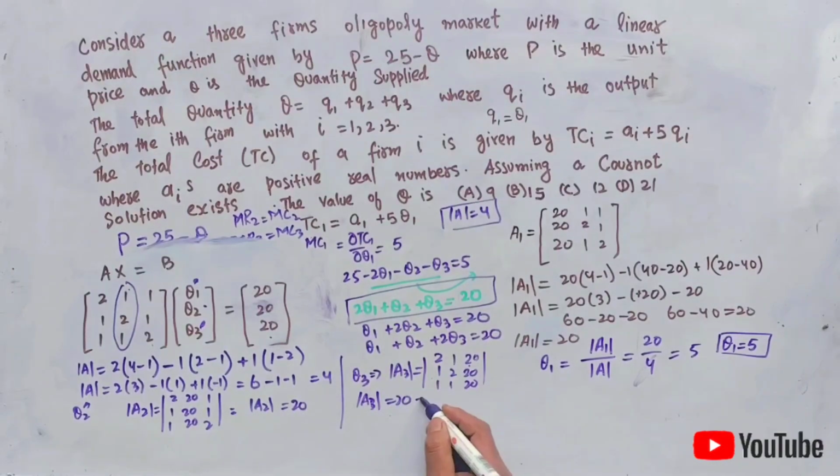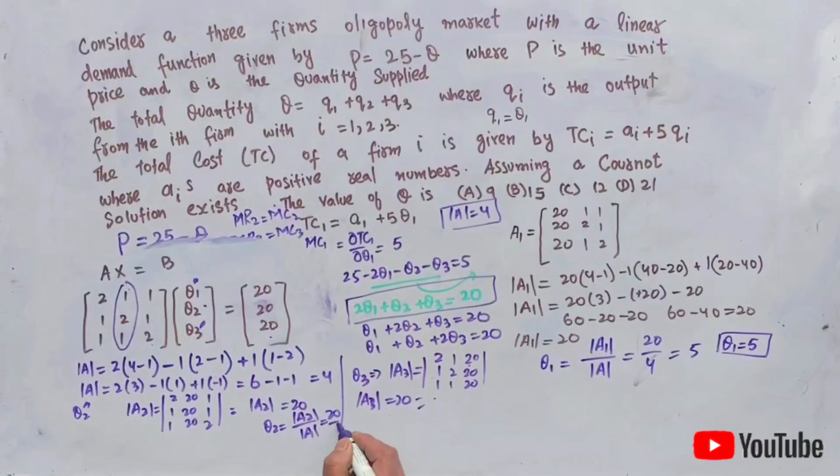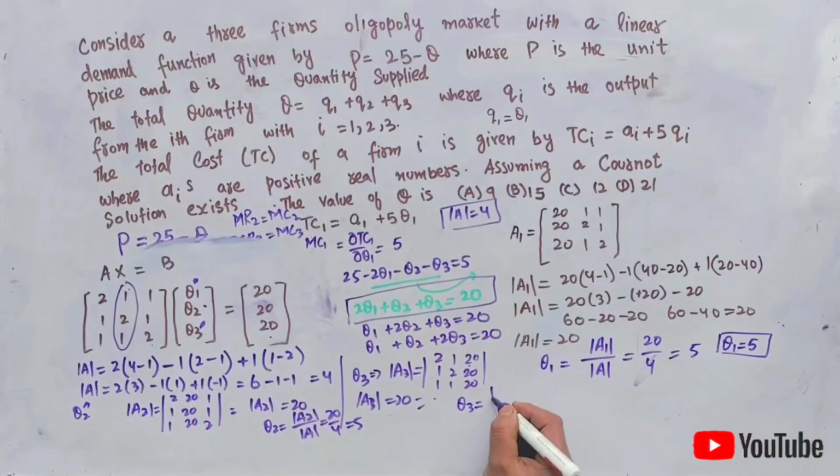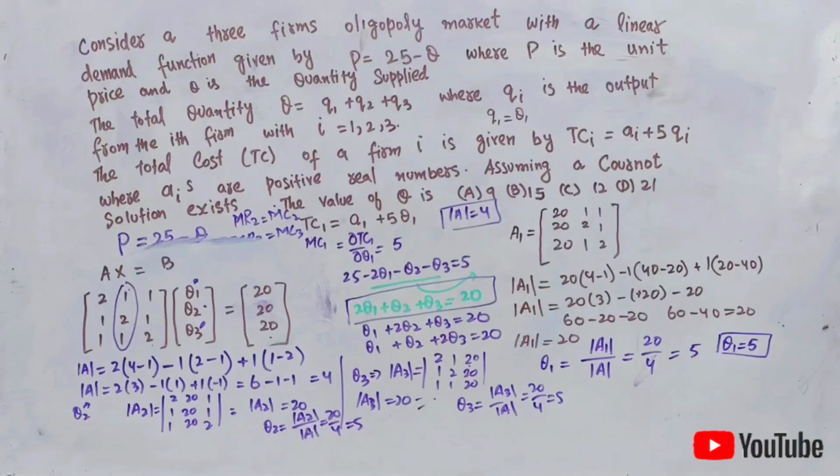So you don't need to calculate them. Then Q2 will be equal to A2 divided by A, which is 20 divided by 4, which is equal to 5, and Q3 will be equal to the determinant of A3 upon A, which is 20 upon 4, equal to 5. We don't need to do this step, but I was just trying to explain Cramer's rule to you here.